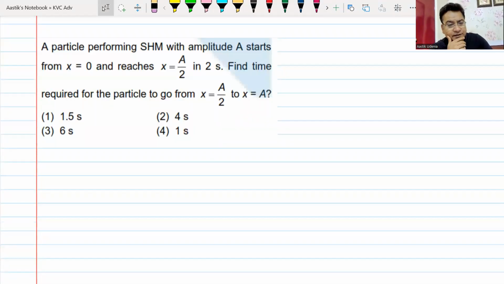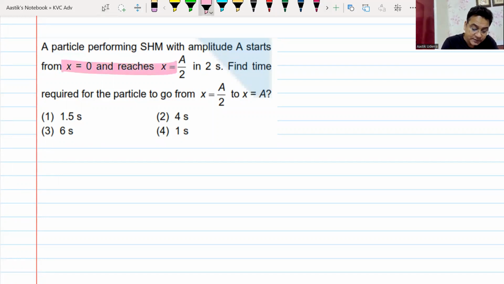A particle performing SHM with amplitude A starts from x is equal to 0 and reaches x is equal to a by 2 in 2 seconds. Find the time required by it to go from a by 2 to a. So it takes 2 seconds to go from x is equal to 0 to x is equal to a by 2.